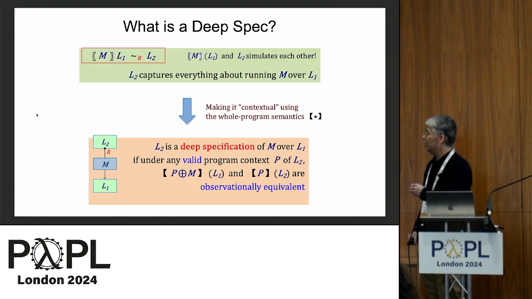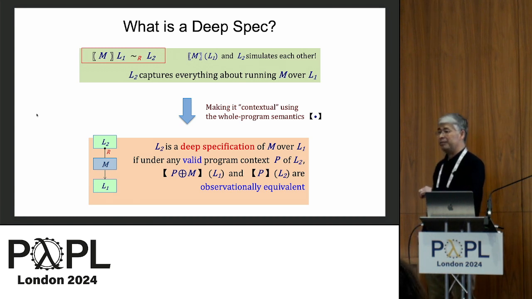So here, I talk about the components: M, L1 as the underlay, the libraries you use, the specification for the library you call, and L2 as the export interface of M, which we call the overlay, the specification exposed by M. So I want the deep spec L2 to behave exactly like M running on L1.